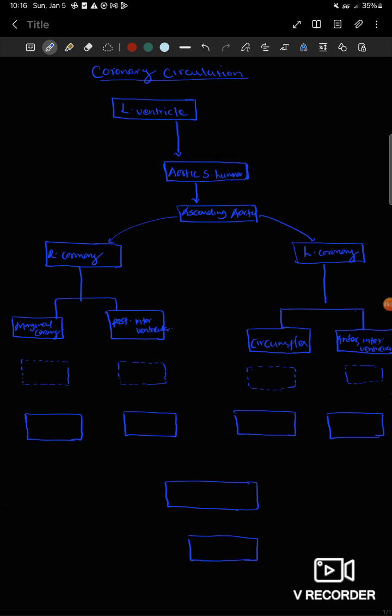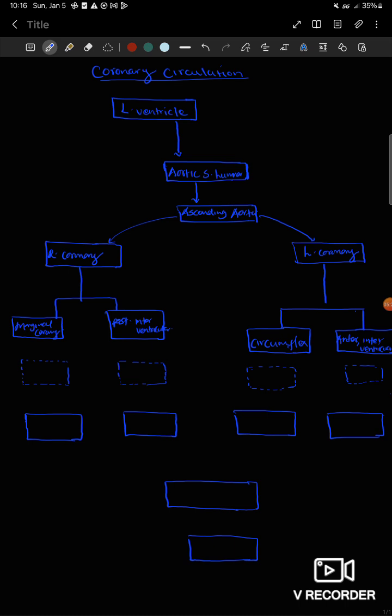The anterior interventricular coronary artery supplies the myocardium of the anterior part of the heart, and the circumflex supplies blood to the left side and the posterior side of the heart.